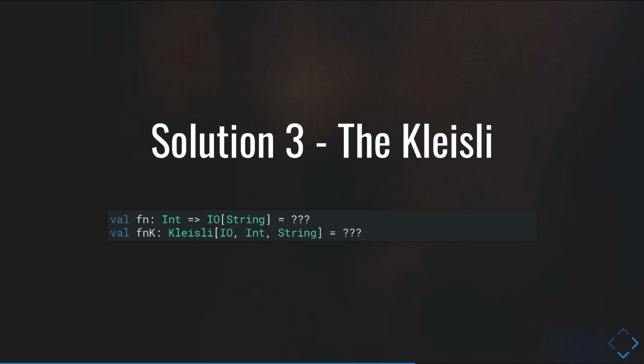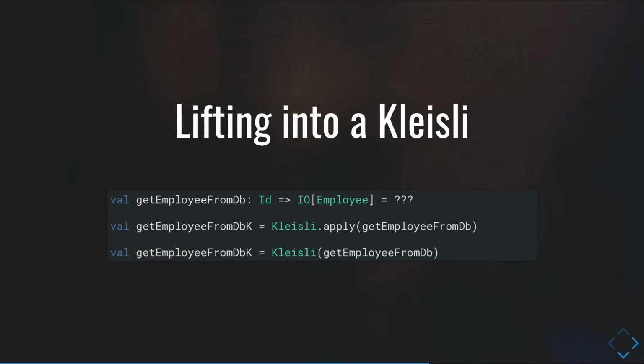That is, the context is the first type parameter, the input the second, and the extracted return type the third. To lift a function into the context of a Kleisli, you simply call the apply method on the Kleisli. Now, as we've already seen, you can do this explicitly, Kleisli.apply, or you can use the more usual syntax where you just call Kleisli, use the apply brackets.